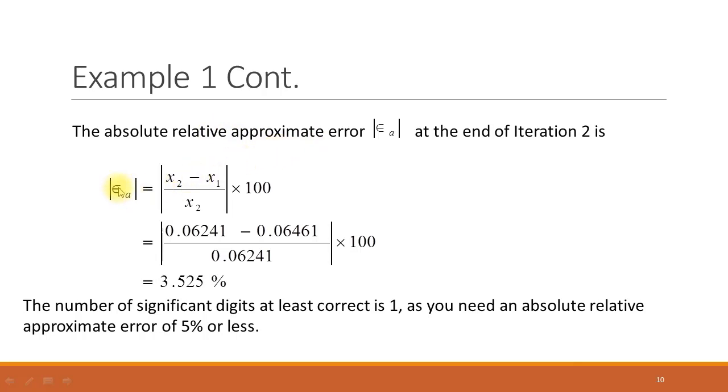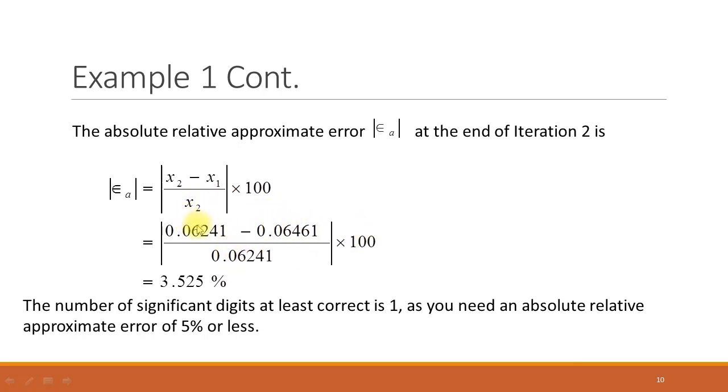Now dear students, again find the absolute relative error for the second iteration, which is given by the absolute value of epsilon a is equal to the absolute value of x2 minus x1 divided by x2, multiplied by 100. Putting the value of x2, 0.06241, minus the value of x1, 0.06461, divided by the value of x2, multiplied by 100.